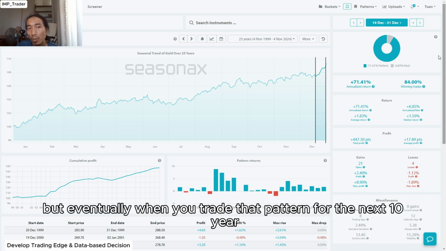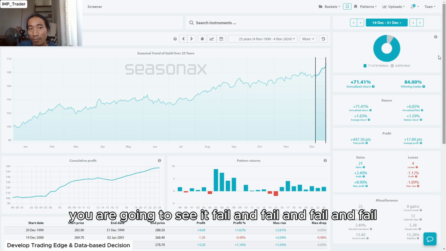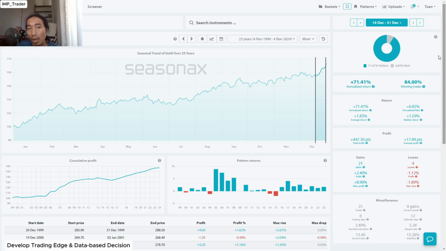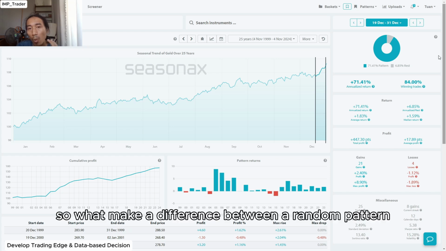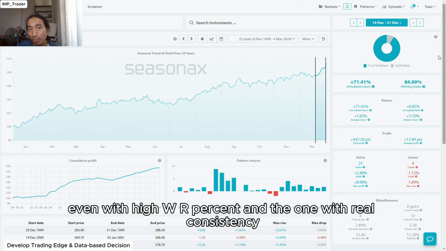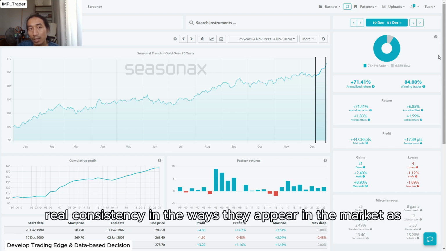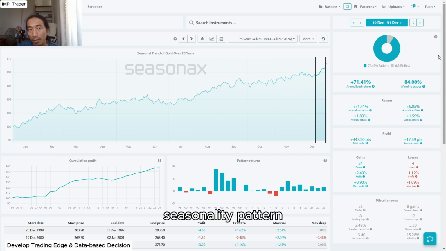But eventually, when you trade that pattern for the next 10 years, you are going to see it fail and fail and fail. So what makes the difference between a random pattern, even with a high win rate, and one that is really consistent in the way it appears in the market as a seasonality pattern?